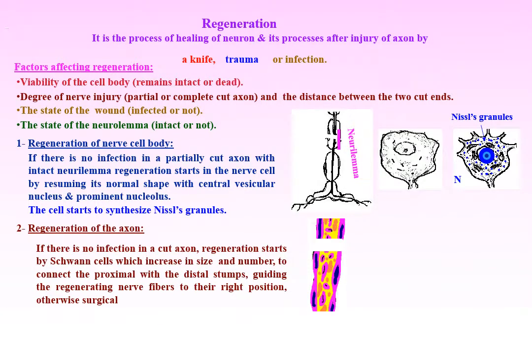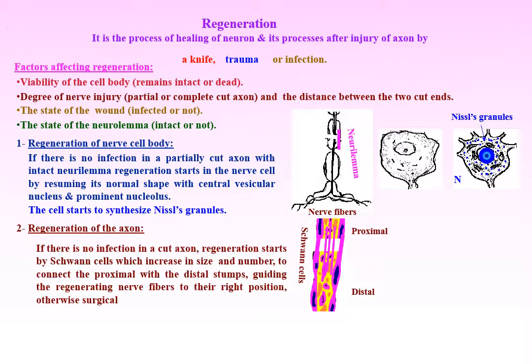Regeneration of the axon. If there is no infection in a cut axon, regeneration starts by Schwann cells, which increase in size and number to connect the proximal with the distal stumps, guiding the regenerating nerve fibers to their right position.